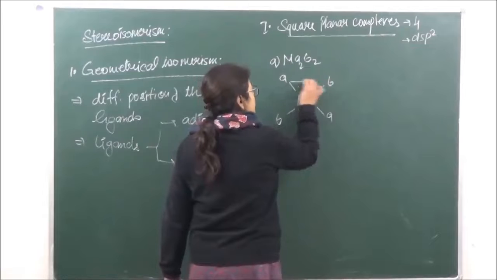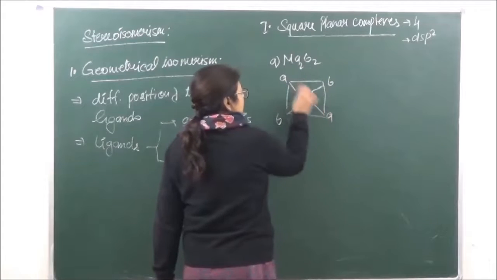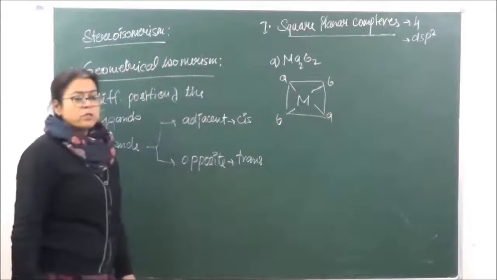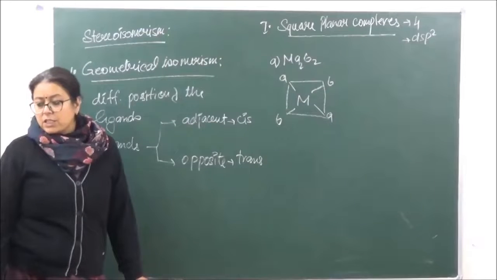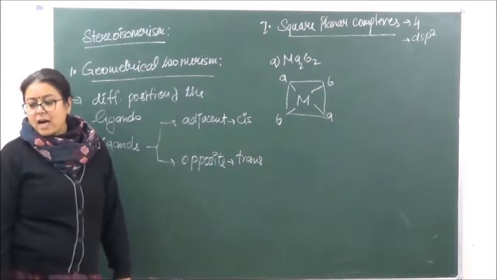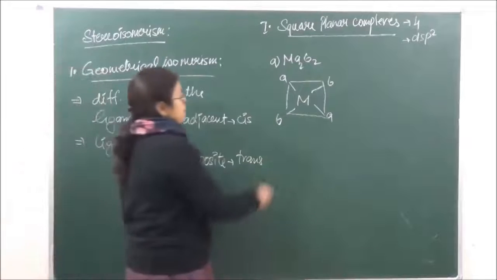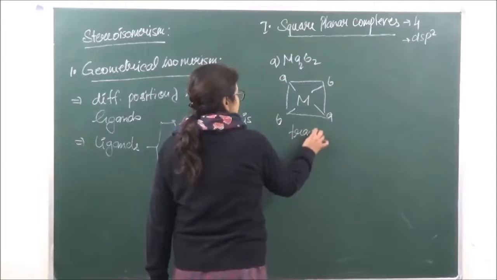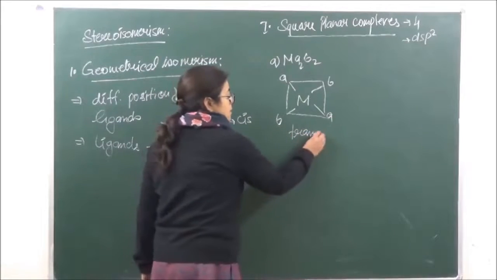Now in case of Ma2b2 type of complexes, if a is at opposite positions to each other, as you can see over here, this is going to be known as trans isomer. Right?